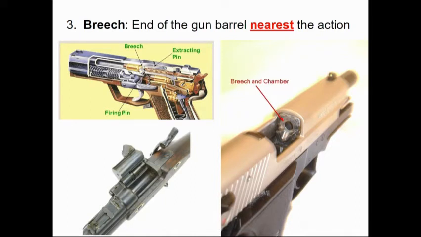The breech is going to be basically the back of the gun here. This area is going to be the chamber, and then you're going to have a firing pin to strike the base of that or the rim of it, depending on the type. And then eventually I have to extract this out and eject it. So the breech is the area closest to this mechanism right here called the action.